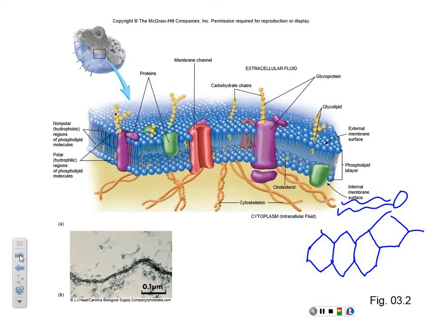But a channel protein has got a certain size pore in the middle that will let only certain size molecules in there. All right, and it will transport it without actually attaching to it, like a carrier protein does. All right, I'll cover it a little bit more because there are challenges with it.